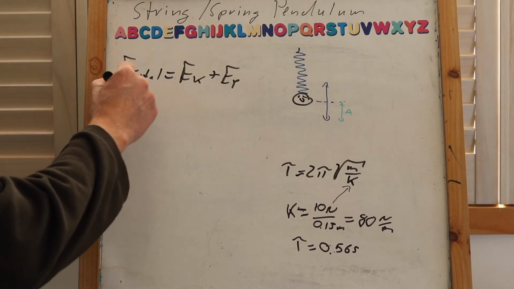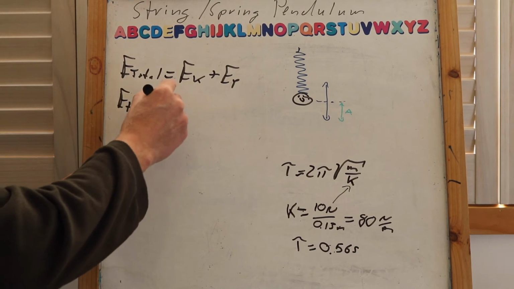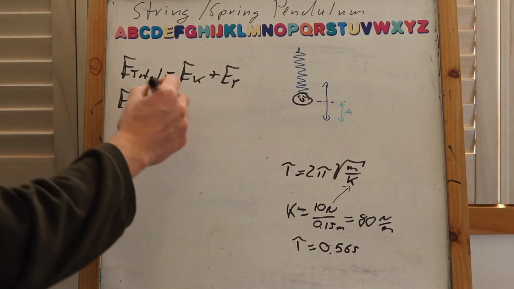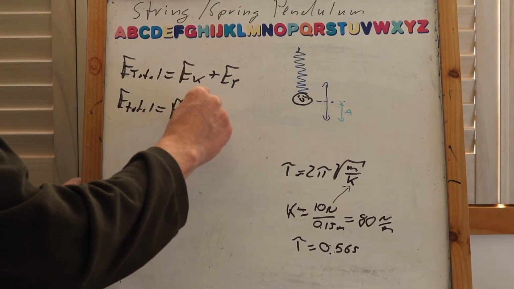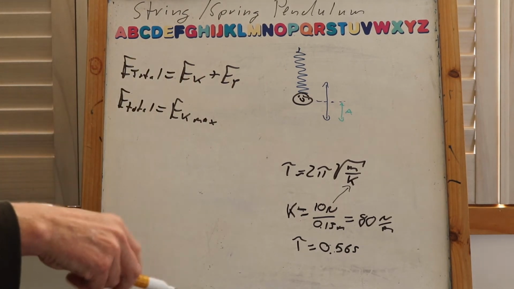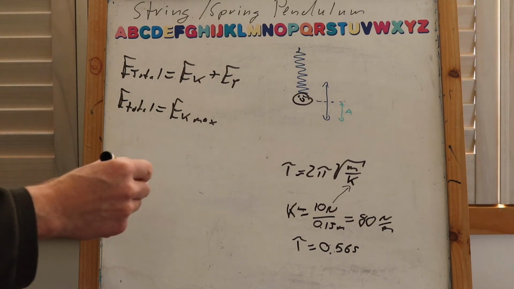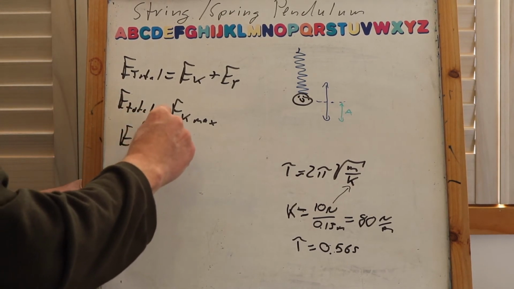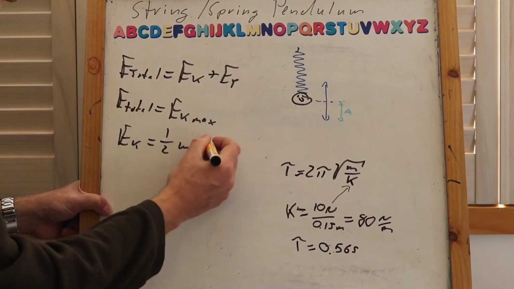Now that means that the total energy will be equal to the maximum kinetic energy, because at its maximum all the energy of the object oscillating will be in the form of kinetic. Kinetic energy is 1/2 mass times velocity squared.